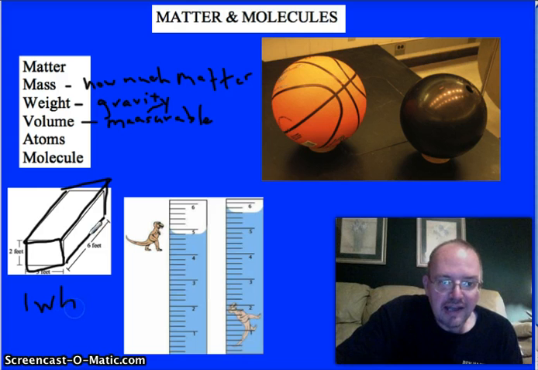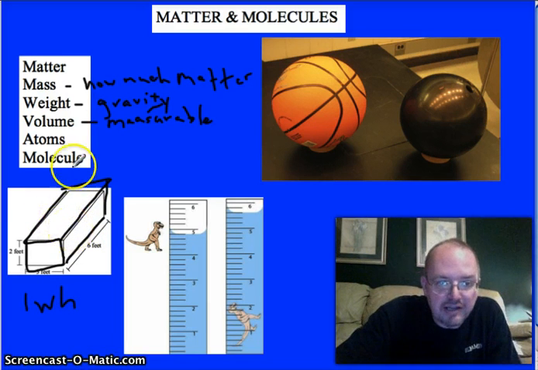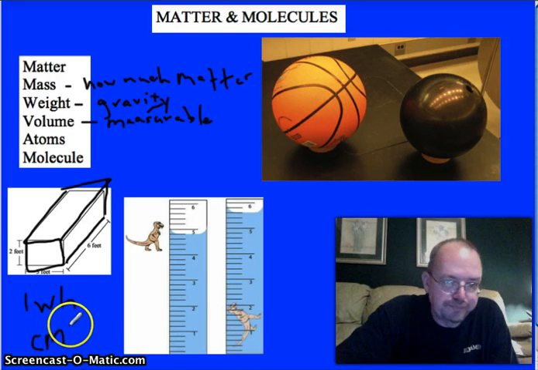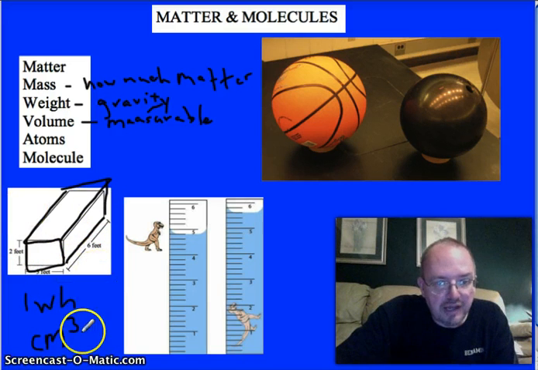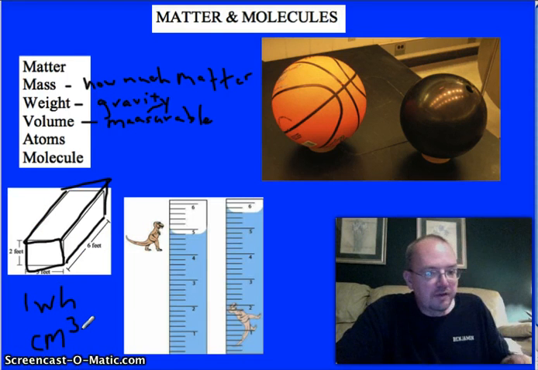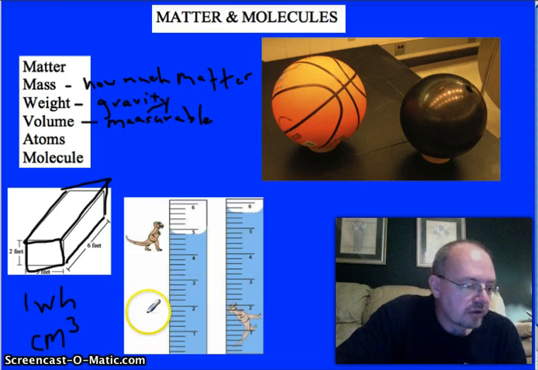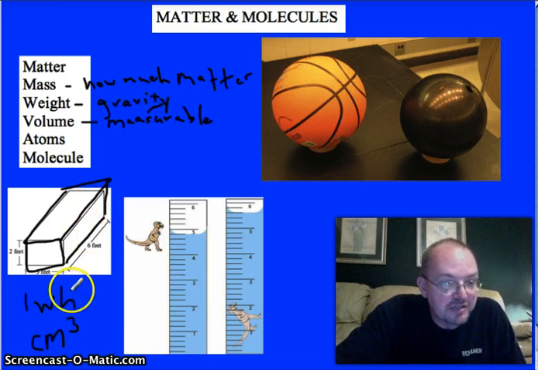So you can find out the volume, how much space it occupies, by a formula. Now volume is usually measured in centimeters cubed. Here you have feet, which you can convert to centimeters. Feet, feet, feet, and when you multiply them times 3, that will make them cubed.